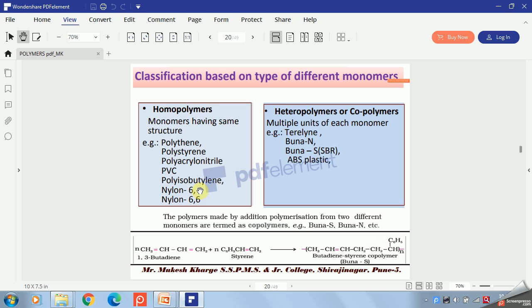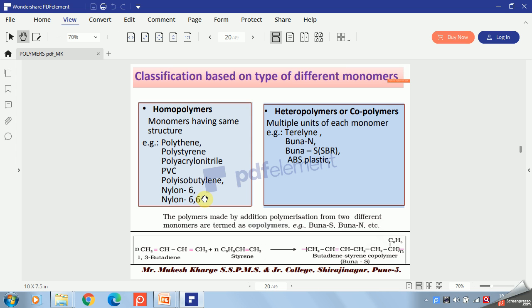But sometimes the repeating unit is formed by condensation of two distinct monomers. But even though they are homopolymers, an example is the formation of nylon 6,6, where the monomer is hexamethylene diammonium adipate.